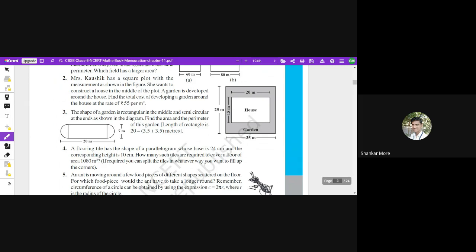This seems to be something different, isn't it? So let's take third one. The shape of a garden is rectangular in the middle and semicircular at the ends as shown in the diagram. So find the area and the perimeter of this garden. करो find out कैसे करना है?